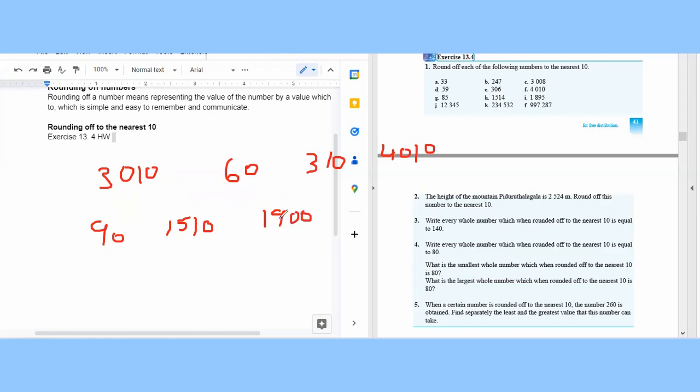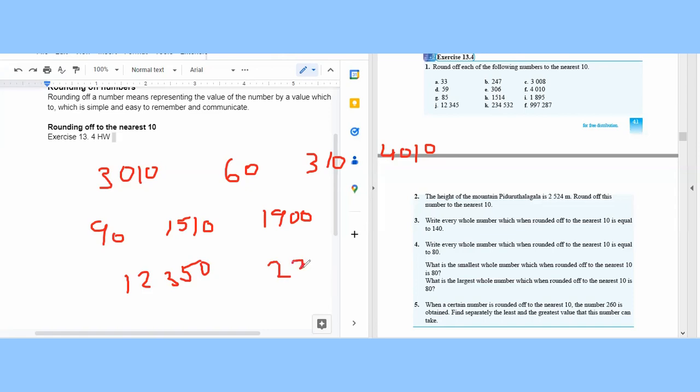Then 12,345. The 5 means we need to round up. So when you round up, you get 12,350. Next, we have 234,532.